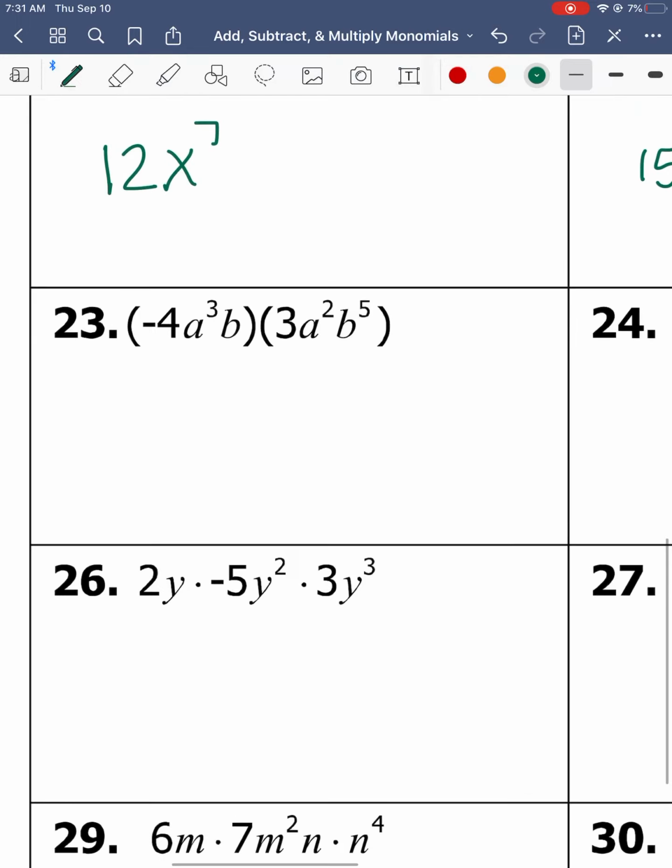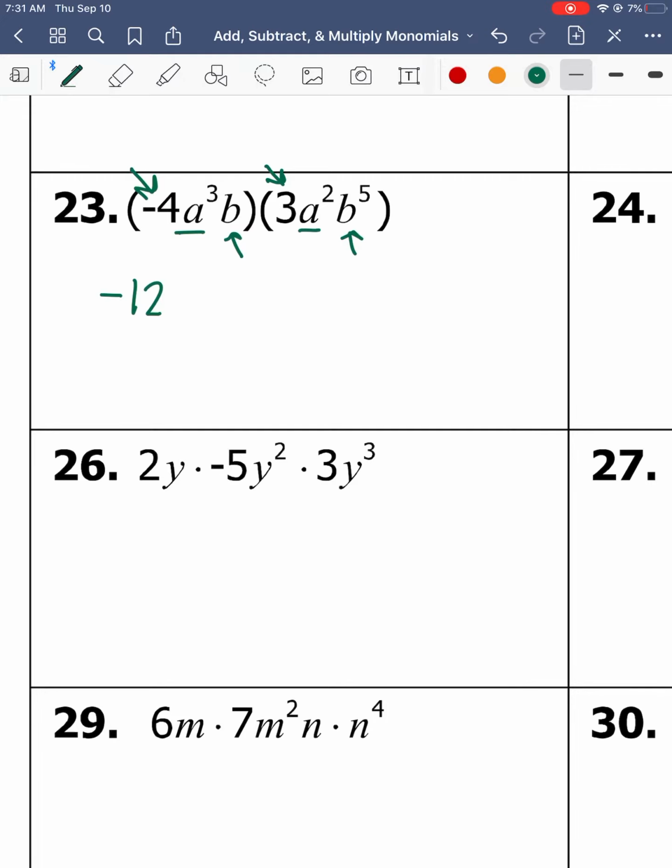Let's try actually one of these together that has multiple variables. So number 23, first multiply the coefficients. -4 times 3 is -12. Now we have two different variables here. We have this a cubed and a squared, and then we have this b and b to the fifth. That's okay. All we do is we just take one at a time and multiply it.